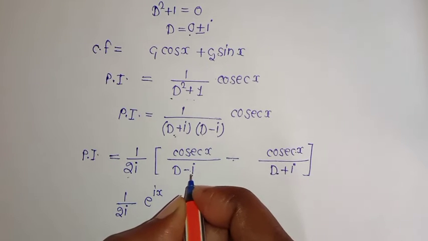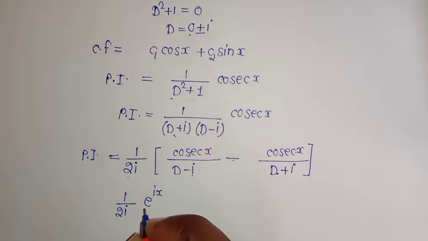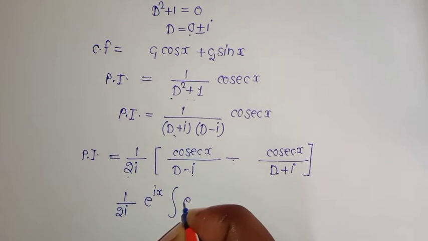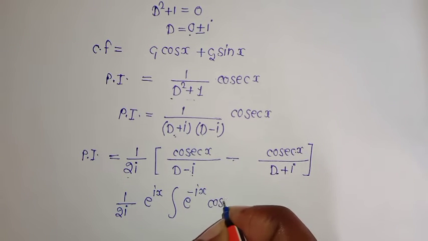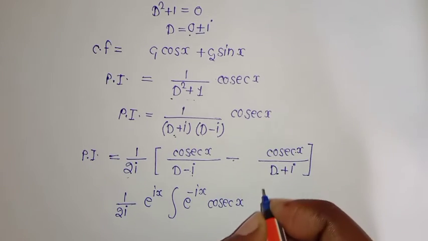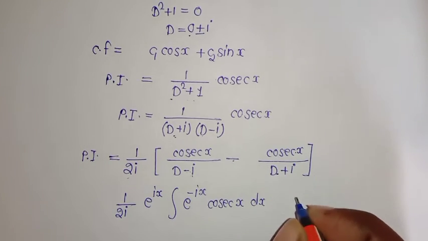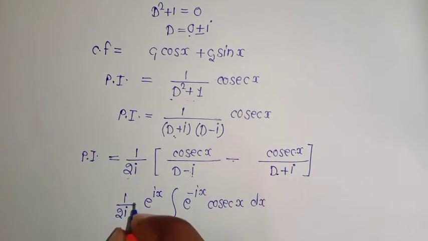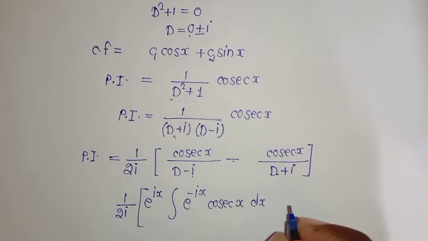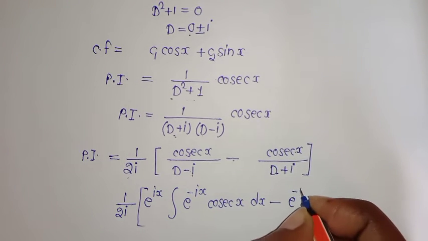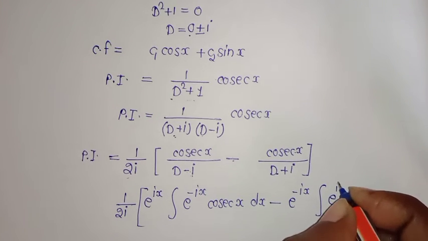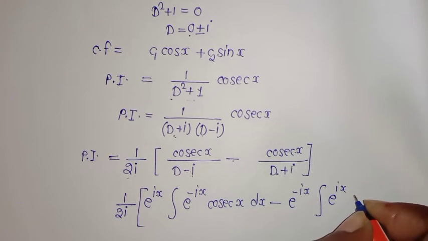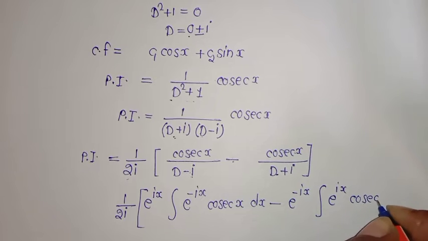Since our alpha is i, e raised to power alpha x is outside the integral, and this becomes e raised to power minus ix into cosec x dx. Similarly, we apply the same method over here, but this time we have to take e raised to power minus ix outside. So this becomes in this way and the positive part inside this integral, cosec x dx.